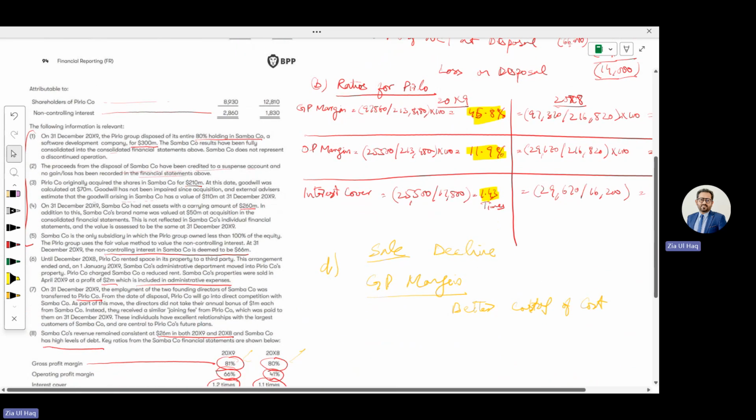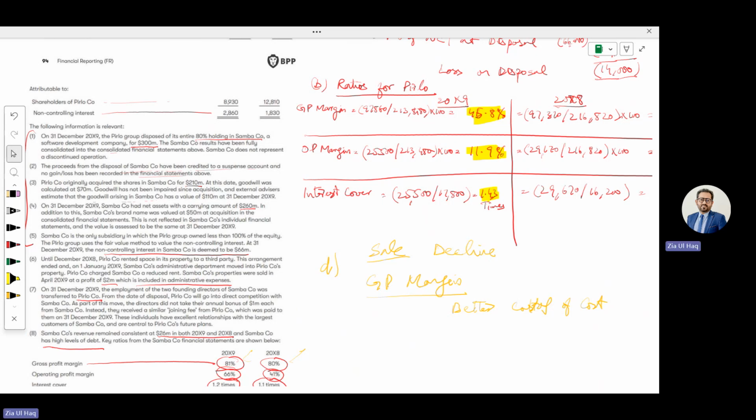And then we can discuss GP margin, and GP margin has increased, better cost control, but the Samba GP was 81%. So they were generating a high GP margin. And this company improvement in GP margin might be due to Samba only, not due to other subsidiaries.